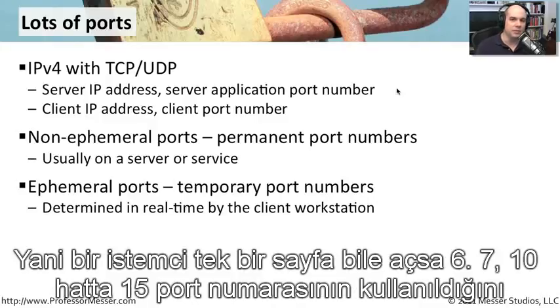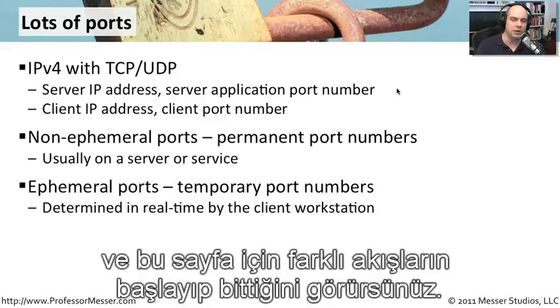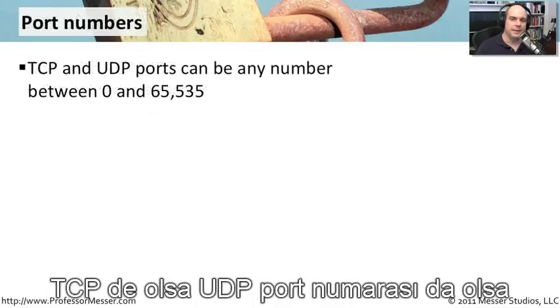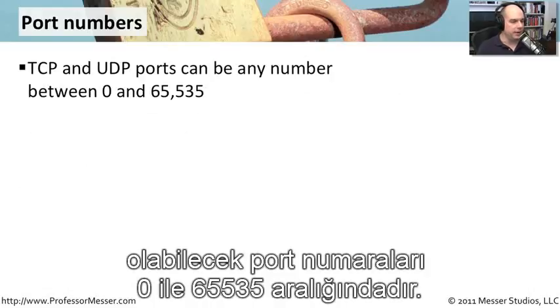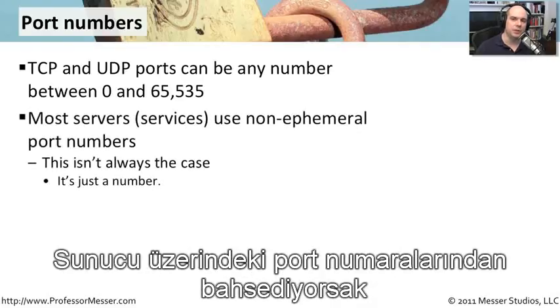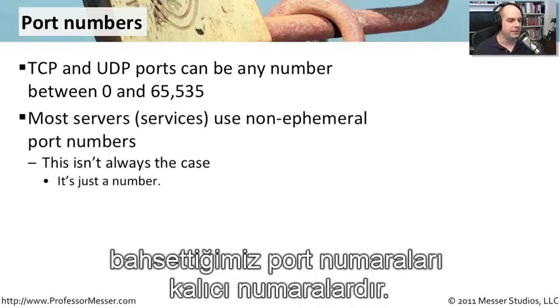So you'll see a client opening up a single web page may go through 6 or 7 or 10 or 15 different port numbers as different flows are opened and closed to that particular web page. Whether it's a TCP port or a UDP port number, it's usually a number that's going to range somewhere between 0 and 65,535.